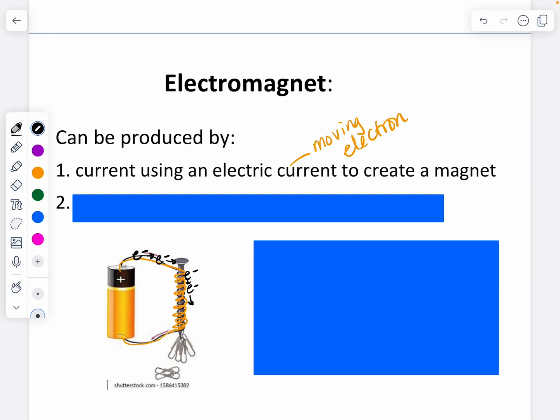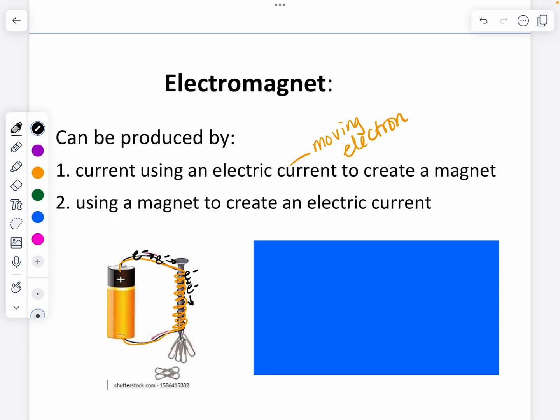And so now the electrons on that iron are going to be influenced by the moving electrons from the wire, and they are going to pull those iron electrons into the same rhythm, into their same pattern, until eventually all of those electrons are aligned and we get a magnetized nail. And so what it's showing you in this illustration is that this nail has become magnetized and is now able to pick up these paper clips. So that's option number one.